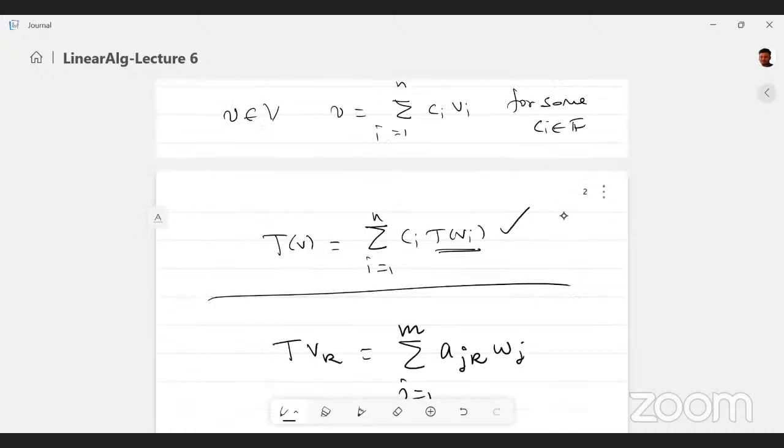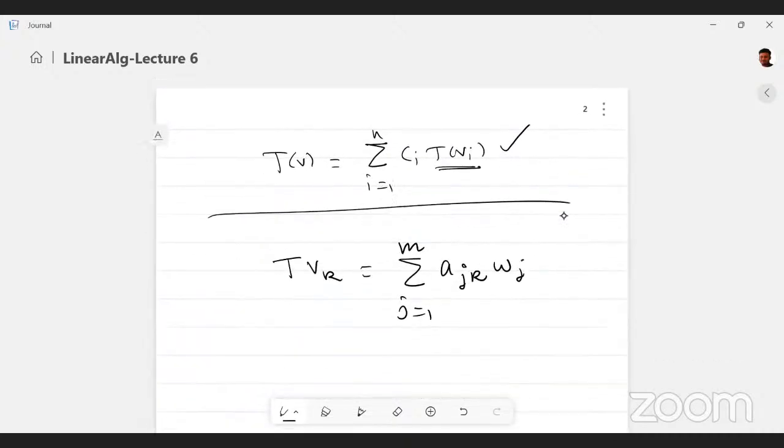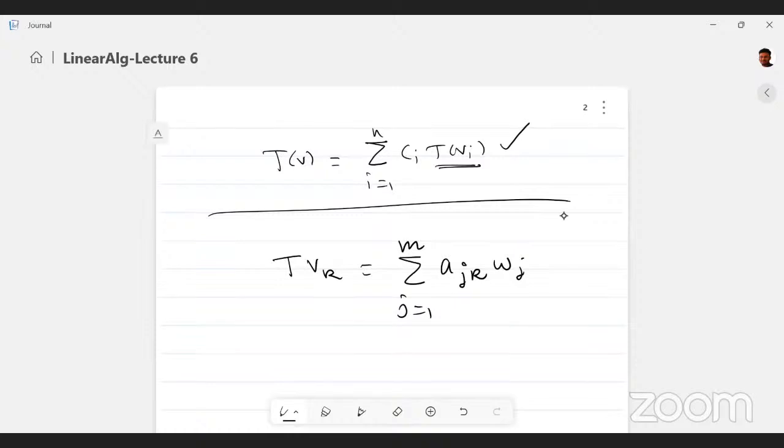So to record the map T, this exercise tells you that it is enough to record the T(Vk). Once you write T(Vk) in terms of the basis Wj, to say what T(Vk) is, it is enough to say what these scalars Ajk are.